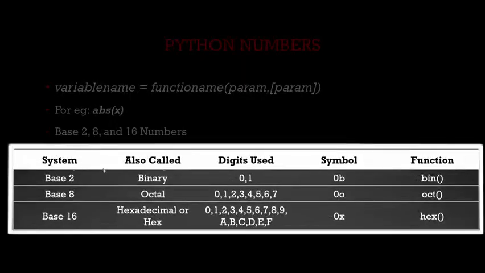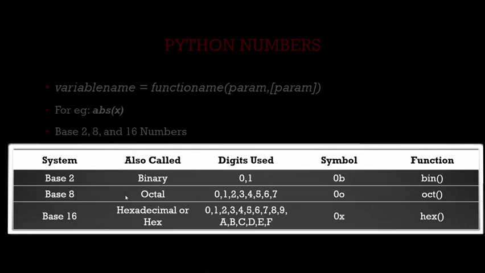The system with base 2 is called binary. It has only two digits, 0 and 1. These are the two symbols which are used. The representation is 0 followed by a small b, for binary, and you can convert any decimal number into a binary number by using bin. Bin converts into a binary number.